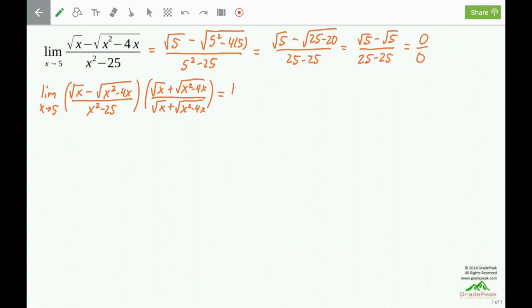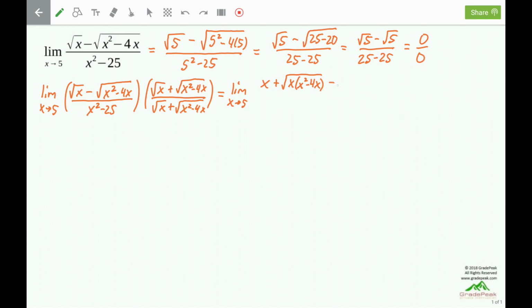But we only FOIL out where we see the root conjugate pair, and that's in the numerator. We're going to FOIL that out. The first, root x times root x, is an x. The outside, root of x times the root of x squared minus 4x, will give us the root of x times x squared minus 4x. They can go together under the same root.